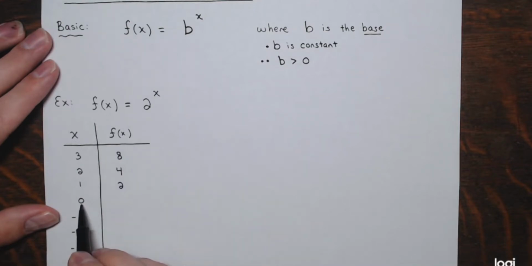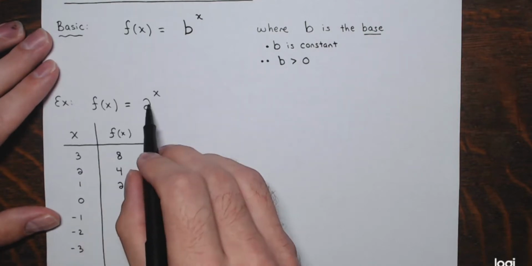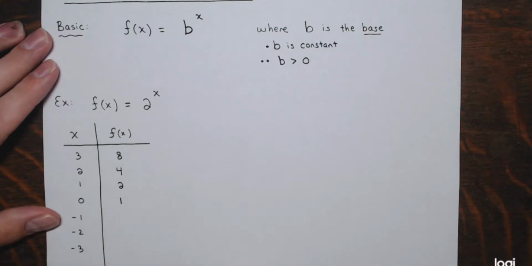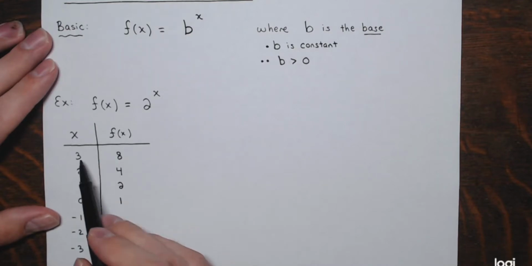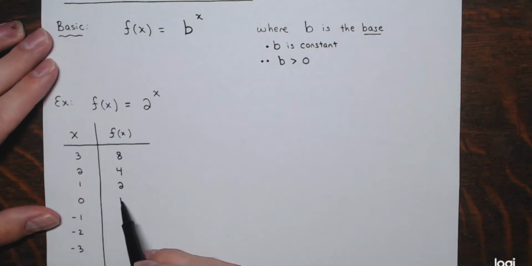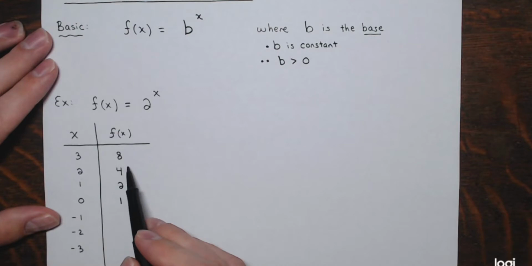Now, hopefully you remember this from some properties of exponents in the past. When I plug in 0, 2 to the 0 power is 1. And look at the pattern here. Every time I decrease the input by 1, the output gets cut in half. 8 divided by 2 is 4, divided by 2 is 2, divided by 2 is 1.